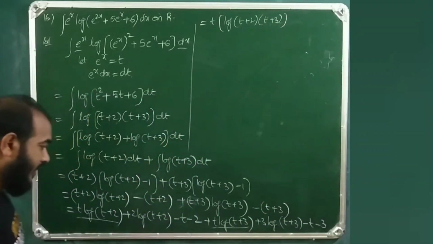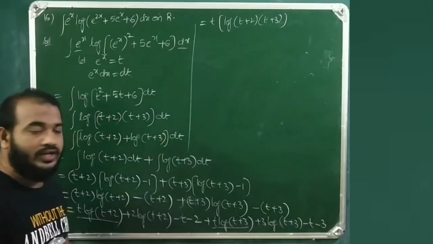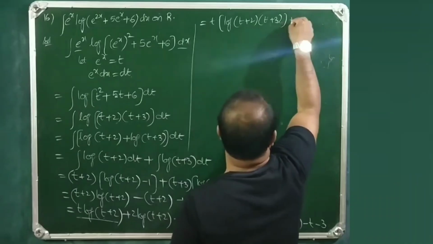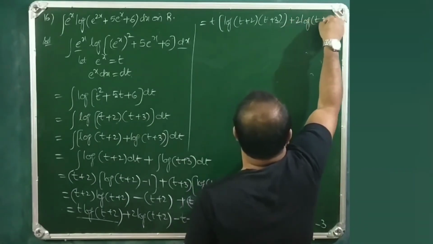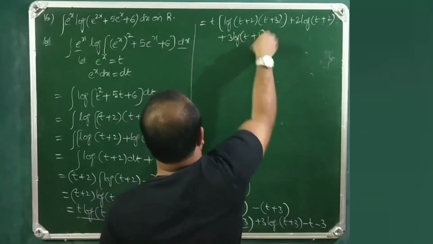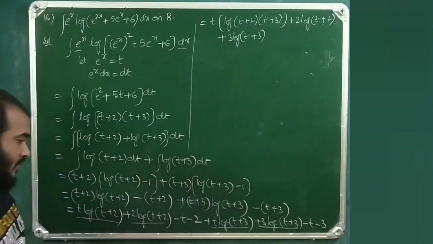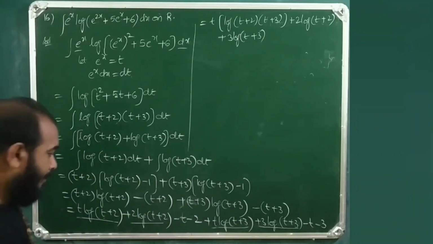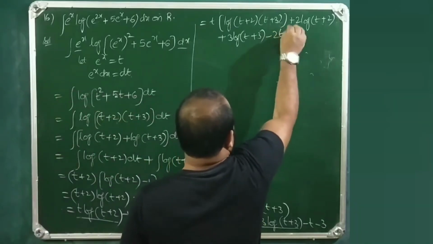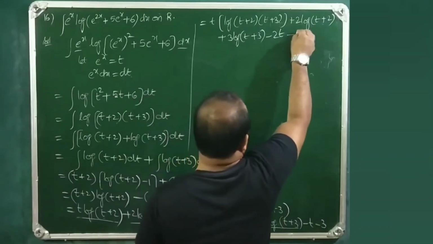Next, here 2 log(t+2) plus 3 log(t+3) we have written, and minus t is minus 2t. Minus 2 minus 3 is minus 5.